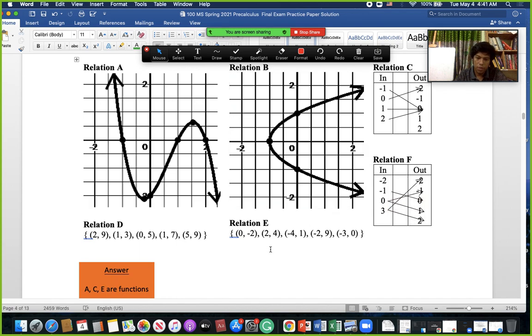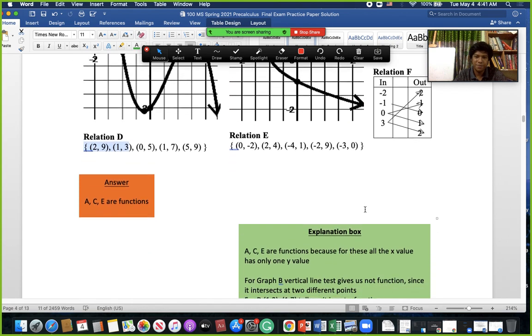We have to look at this carefully. This one: 2, 1, 0, 1. You see this value is also 2 values. This is 1, this is also 1. So the same x value with different y values is not possible in a function. That's why this is not a function, this is not a function, and this is not a function. Other than these three, the remaining are functions.